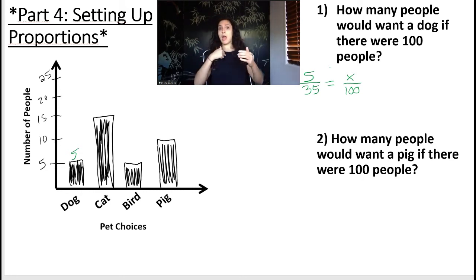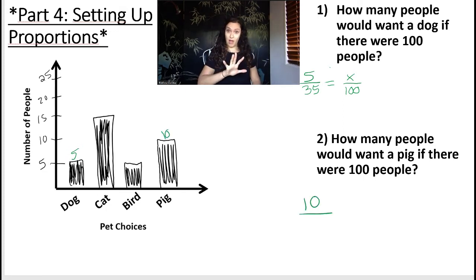Let me go on to number 2, because I'm not going to solve that right now. Number 2, how many people would want a pig if there are 100 people? Look at the graph and think about how many people want a pig right now, out of how many, and set that equal to something. I know that 10 people would want a pig.